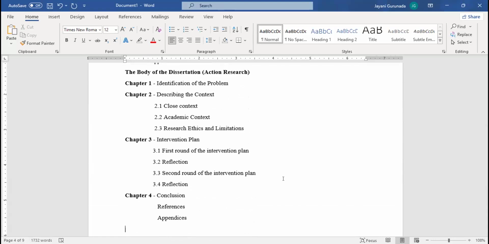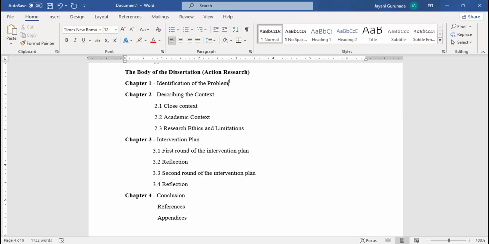After that, chapter 1, identification of the problem. First, you can write some definitions, an overall definition paragraph. After that, you have to write how you identified this problem. You can write that you had been appointed to this school, had been working there for this much time, and were given these classes for teaching this subject.